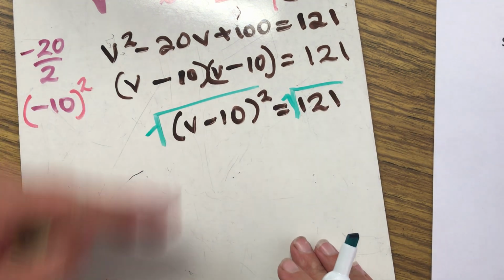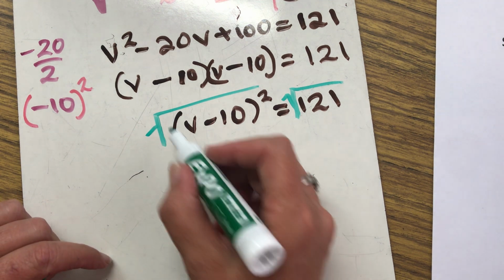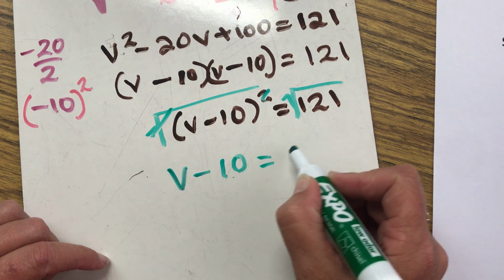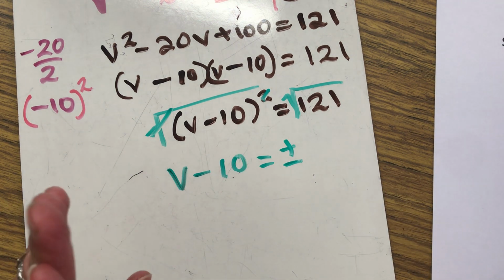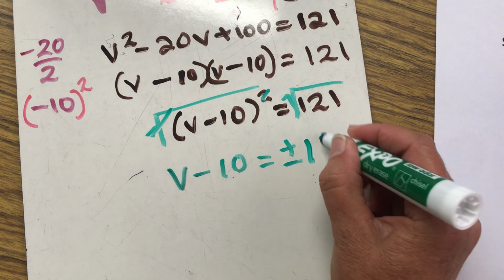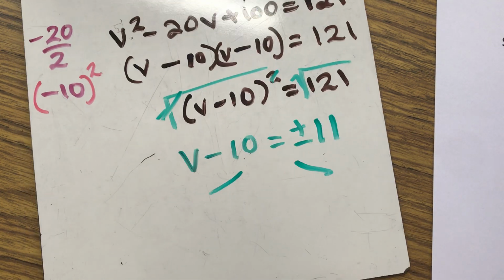Just like from here down is section 9.3 that you've already learned. So those cancel. We have v minus 10 equals plus or minus. Do you know what the square root of 121 is? Is it a perfect square? Yes, it is. It's 11. And now we solve it right.